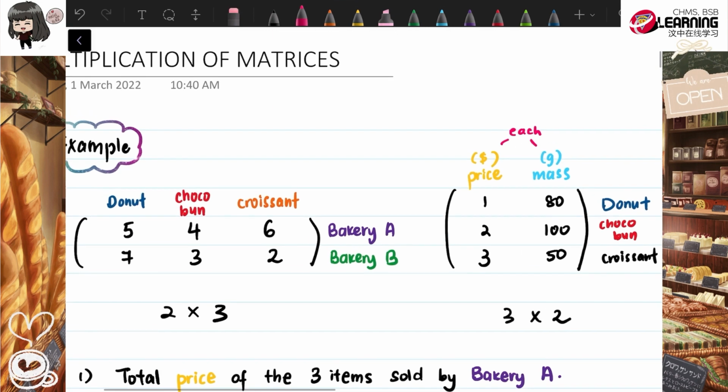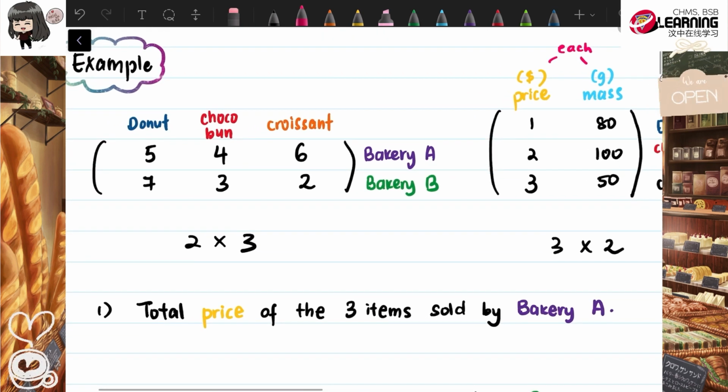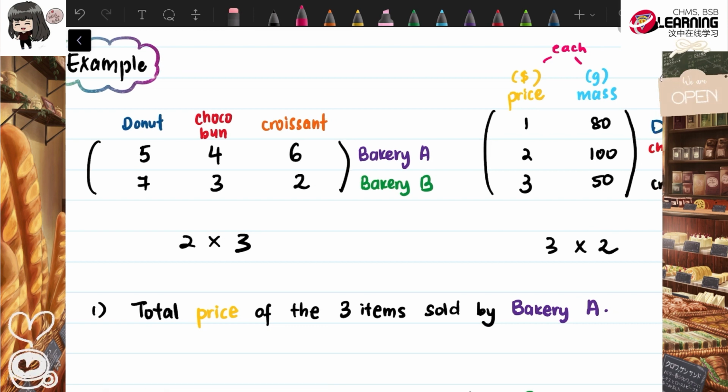So you already understand the columns and rows here. It looks like a table but without the lines. What you need to understand is the row and the column only. Now if I were to look for the total price of the 3 items, referring to donut, choco bun, and croissant, sold by bakery A, we know that bakery A sold a total of 5 donuts, and 1 donut price is $1.